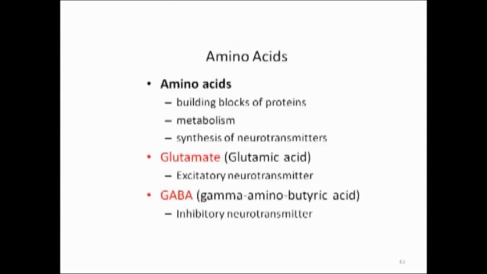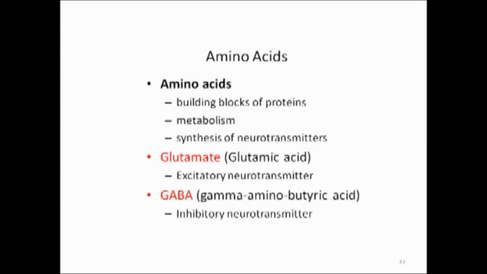Amino acids. Amino acids are critical to life as building blocks of proteins and have many functions in metabolism. Besides making proteins, amino acids also perform critical biological roles such as synthesis of neurotransmitters.